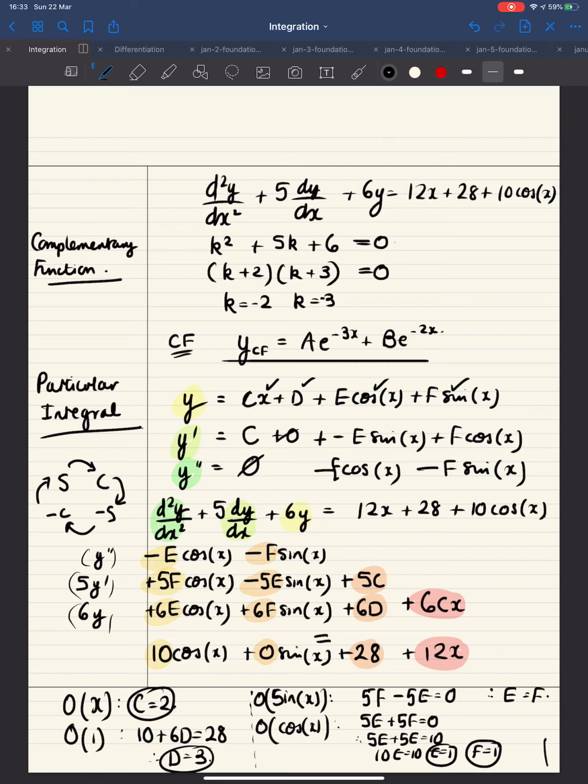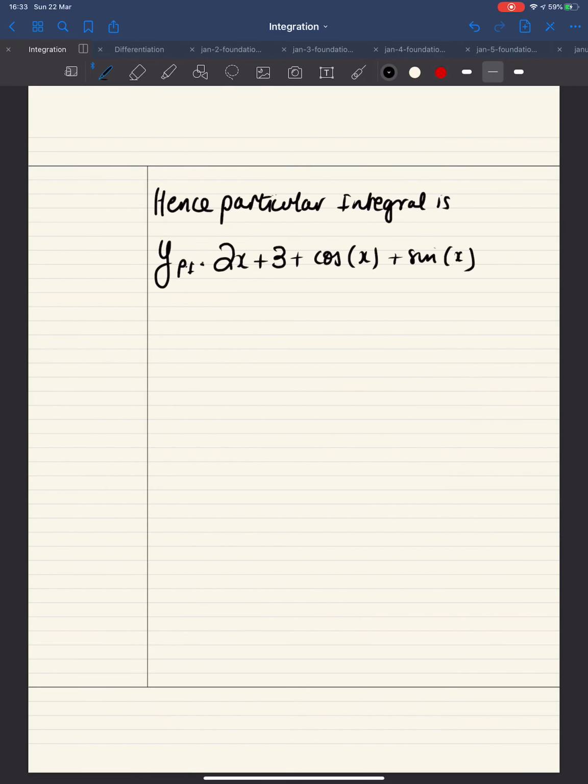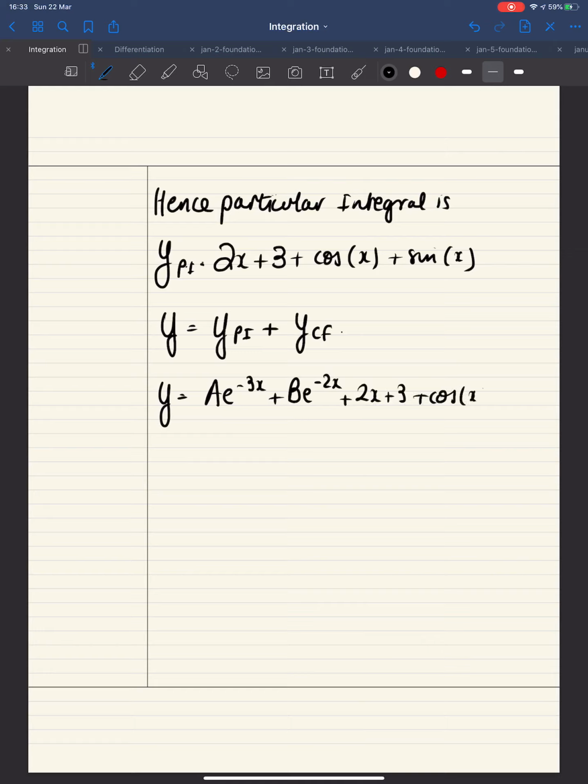But you actually want the final solution. y is the particular integral plus the complementary function. So y is a e to the minus 3x plus b e to the minus 2x plus 2x plus 3 plus cos x plus sin x. Yes, so there you go.